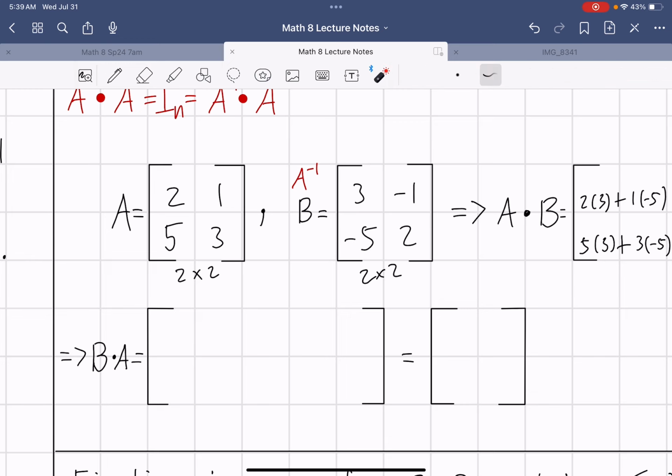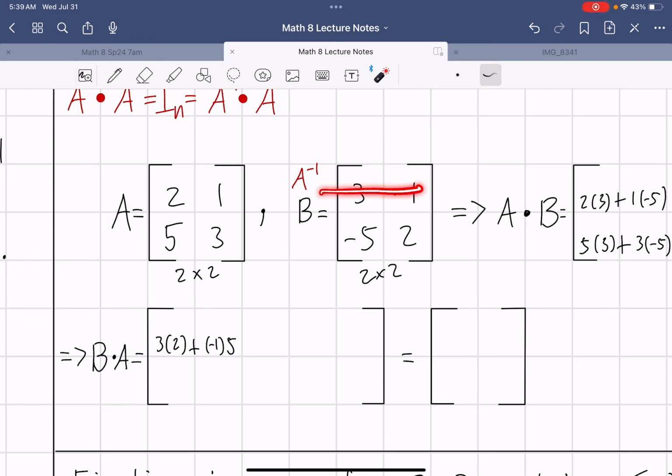So if I rewrite this vertically, it's going to be a 3 and then a negative 1. 3 and negative 1, and I'm going to multiply across and add the products together. So that's going to be 3 times 2 plus negative 1 times 5.